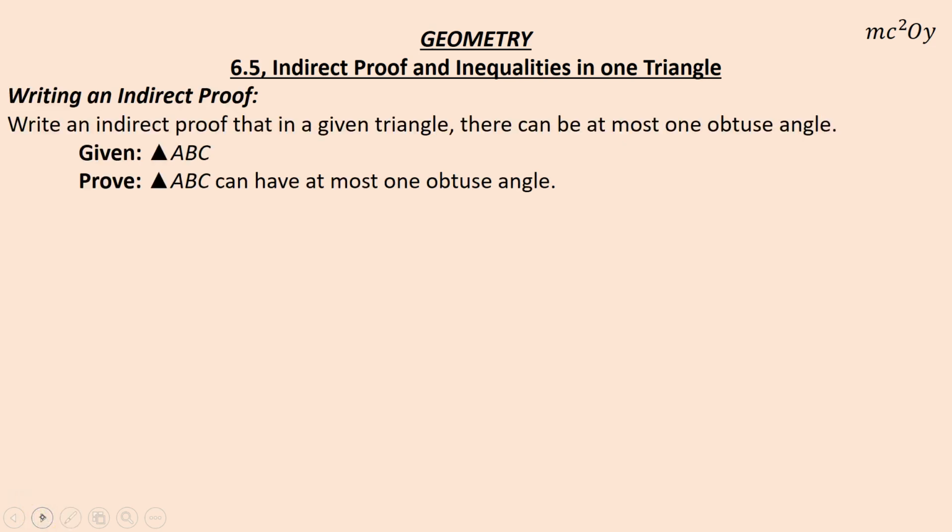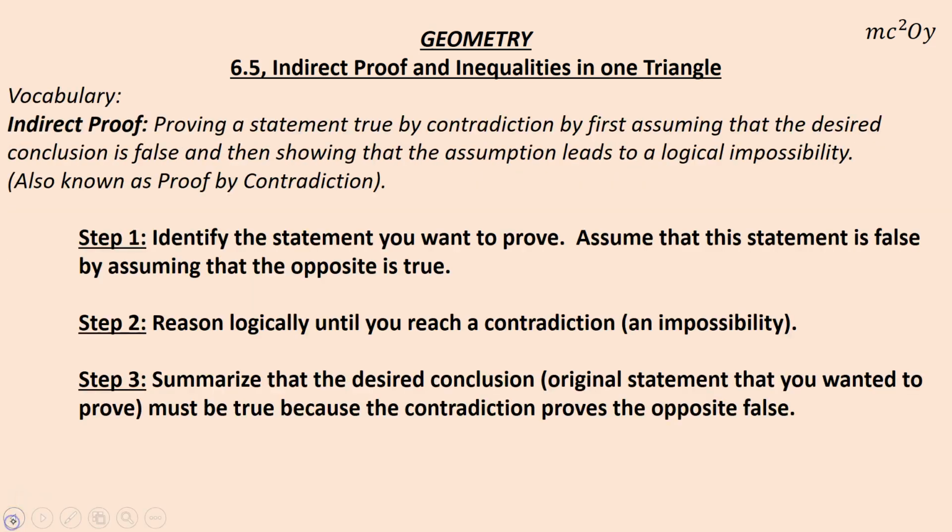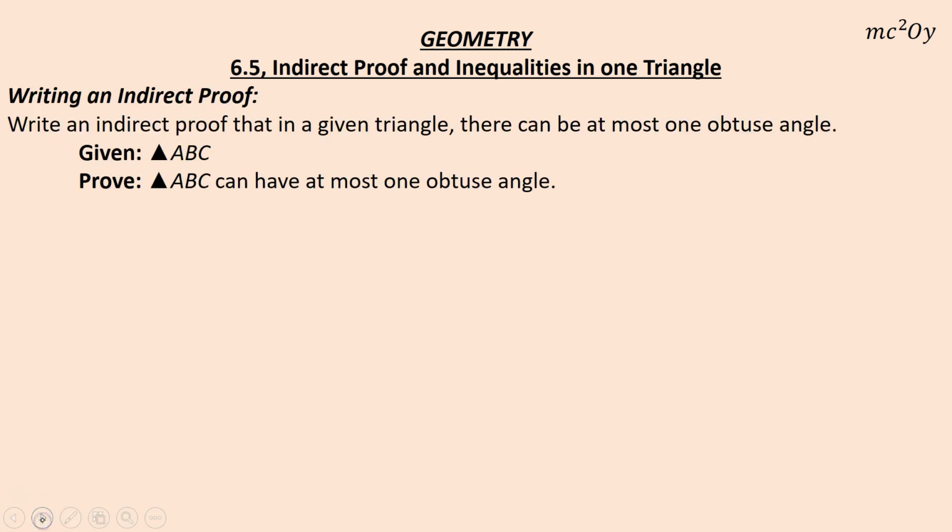So write an indirect proof that in a given triangle there can be at most one obtuse angle. So I'm going to break this into our steps again, these steps we had on the very front slide here. Okay? So step 1 is to assume that the opposite is true. So given triangle ABC, prove that we can have at most one obtuse angle.